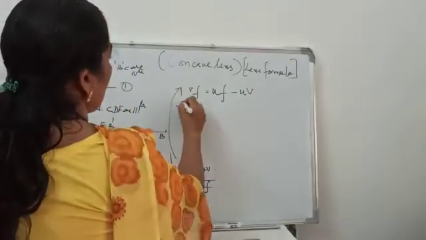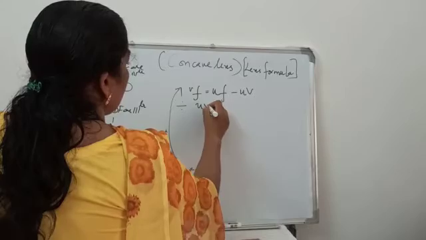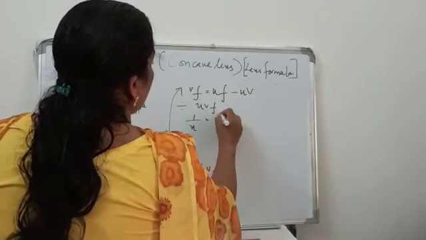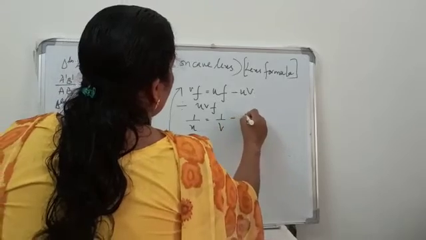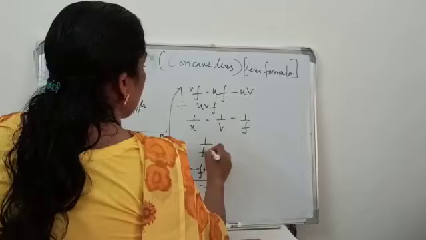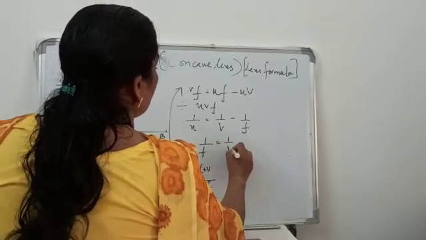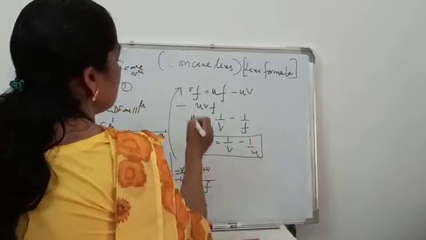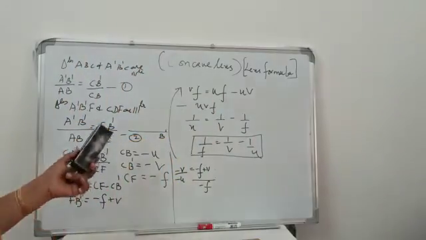Let us divide on both sides by UVF. We get 1 by U equal to 1 by V minus 1 by F. When I bring this to this side, 1 by F will be equal to 1 by V minus 1 by U. This is the lens formula for a concave lens.